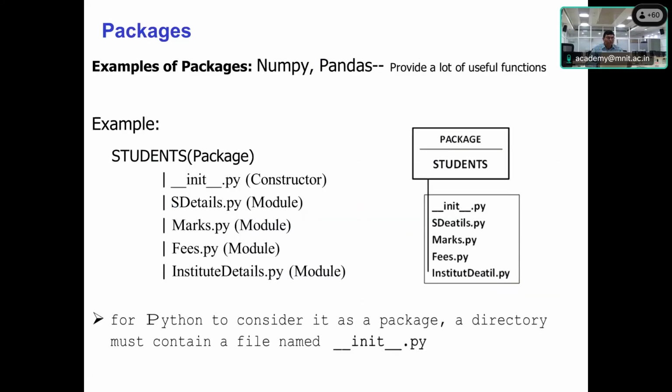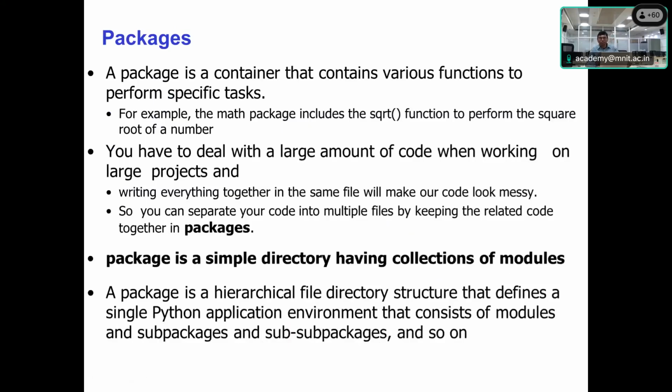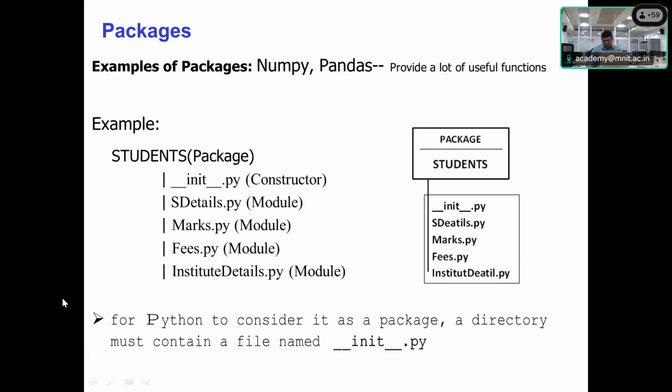Okay, so let us see how we can create a package. Modules we know how to create and how to use. We can also create a package. A package is basically a container, as I told you, which is going to store various functions related to required tasks. For example, we have heard about various packages: NumPy, Pandas, Scikit-learn.